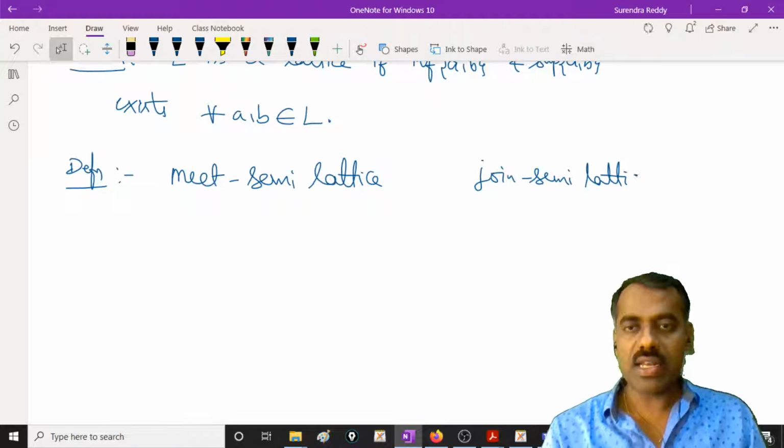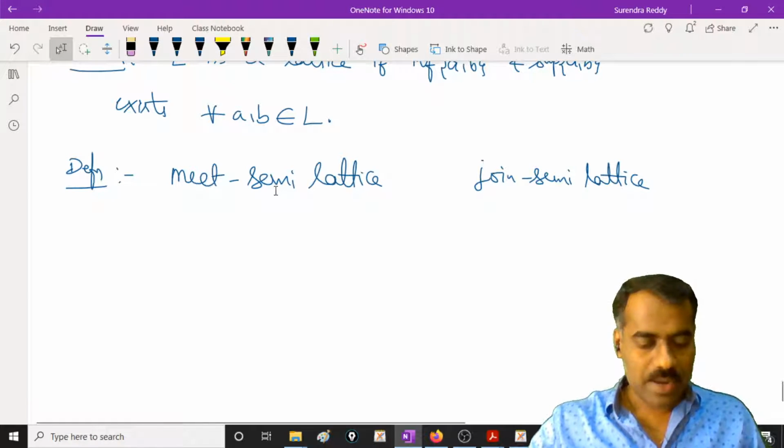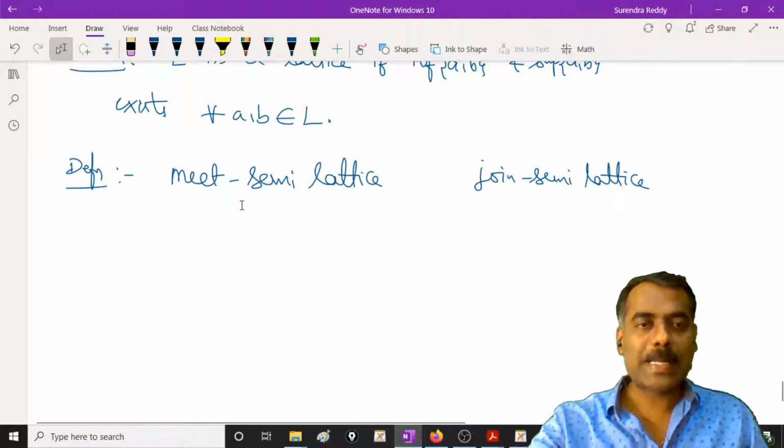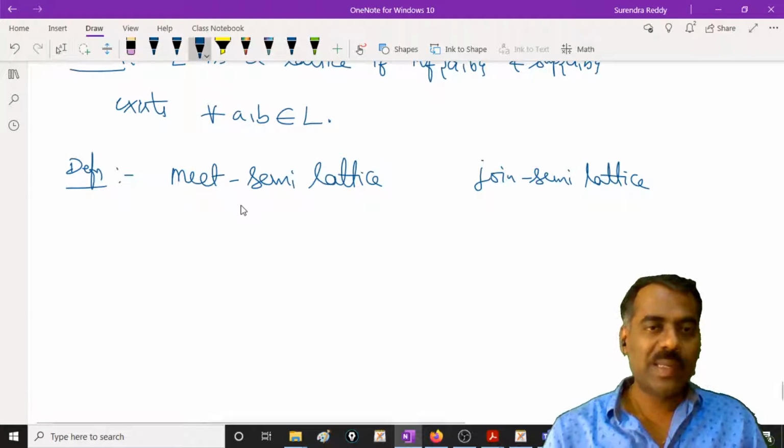So they are not actually lattices, but somewhat weaker. If you make our condition somewhat weaker, then what we get is one called meet semi-lattice, and the other one is joint semi-lattice. So what is by definition here?